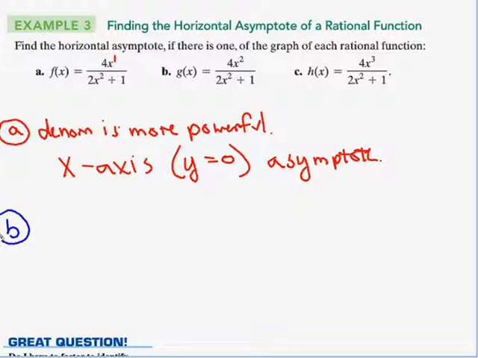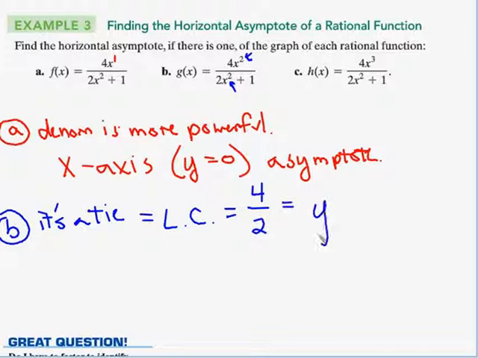Part B, it's a tie. If you look at the numerator, it's 4x squared. Denominator is 2x squared. We have a tie in the race, so we just take our leading coefficients and make a fraction. Leading coefficient of the numerator is a 4. Leading coefficient of the denominator is a 2.